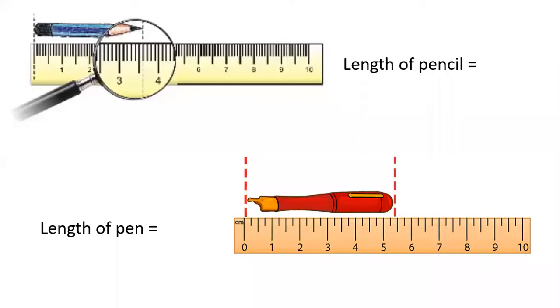In the drawing, the red line has gone a little forward. It should be exactly in between, so you have to correct it. Between 5 and 6 will be 5.5. So the length of the pen is exactly 5.5.